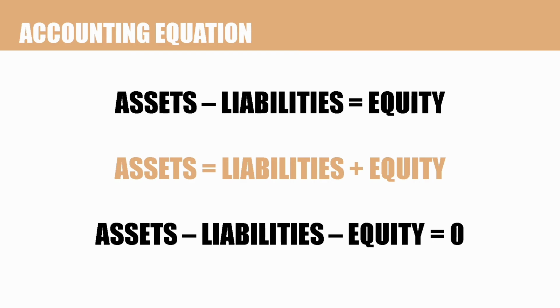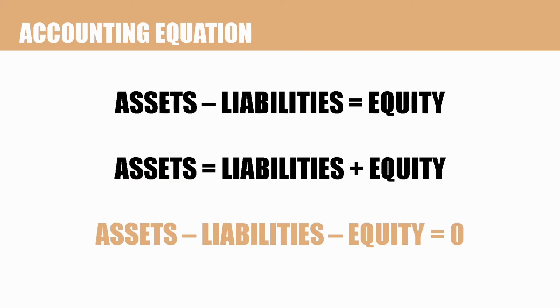So, third form of our accounting equation is assets minus liabilities minus equity is equals to 0. Bakit? Karugtong lang yan nung first equation natin, pero ang pinagkaiba lang kasi dito is mag-i-equal siya sa 0.